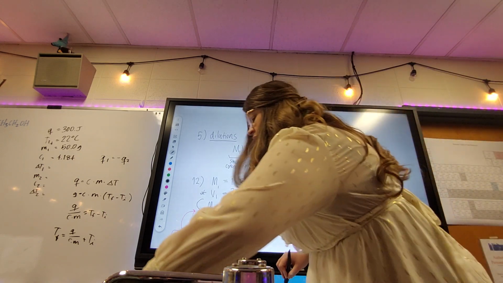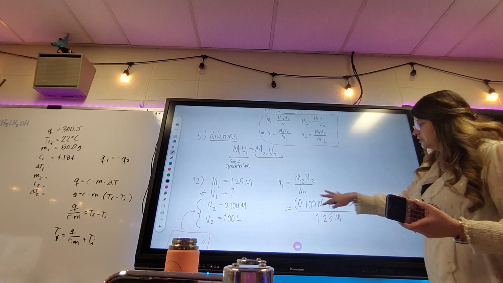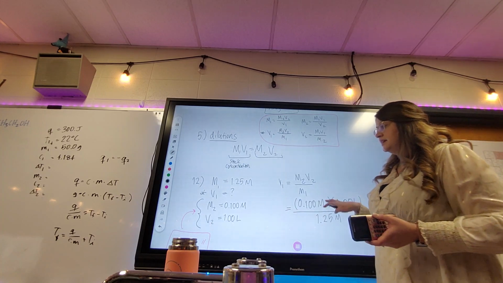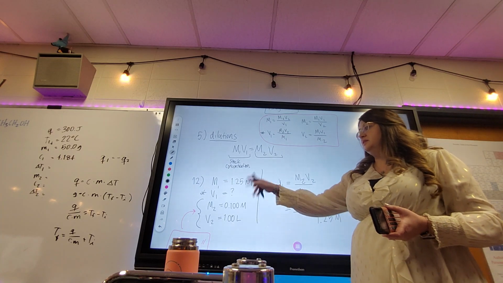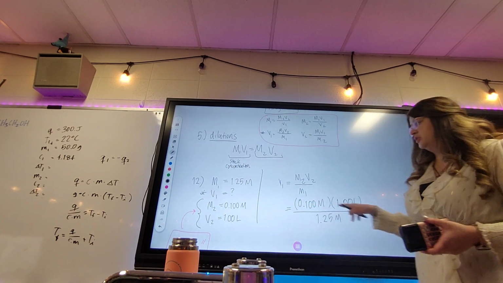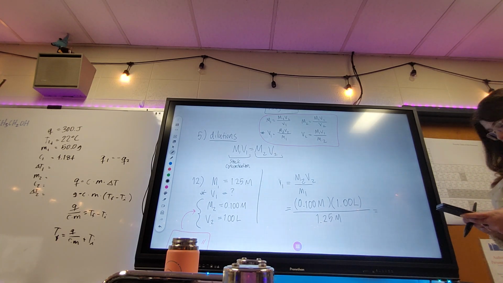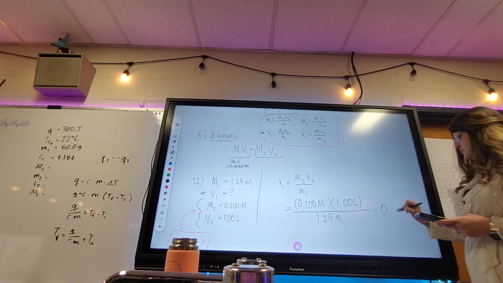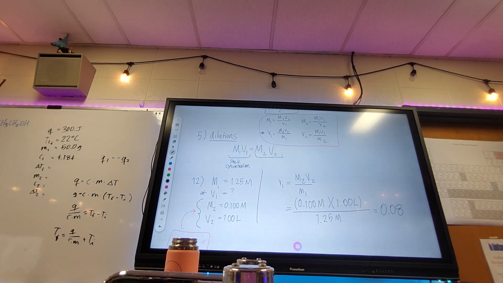Okay, so I put my numbers in. Now, this part here is easy if you've done a neat job of writing this down. If this part is tidy in your work, this part should be a piece of cake. And so I get 0.08 as my number.